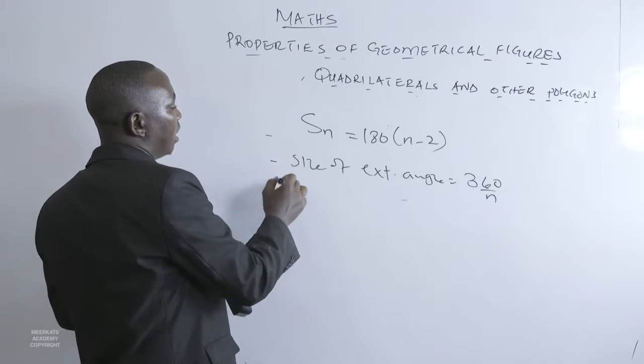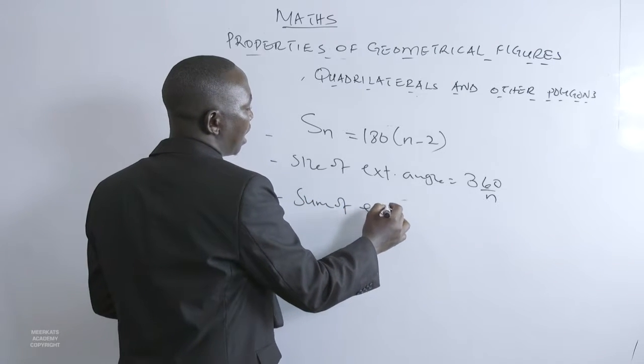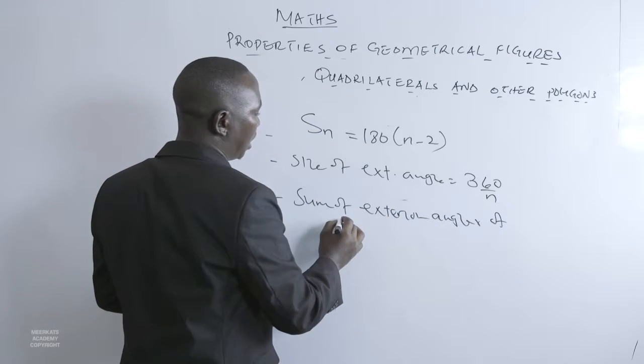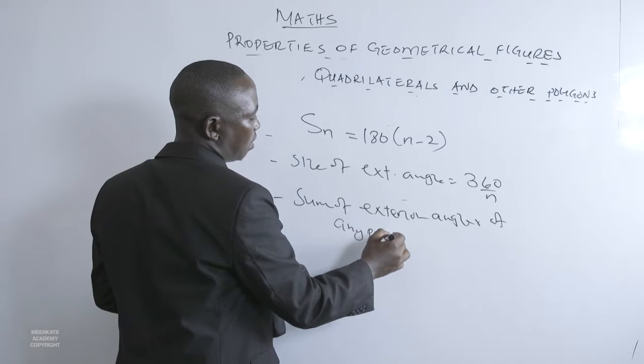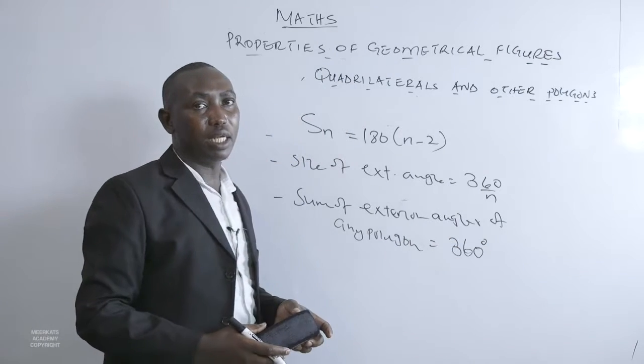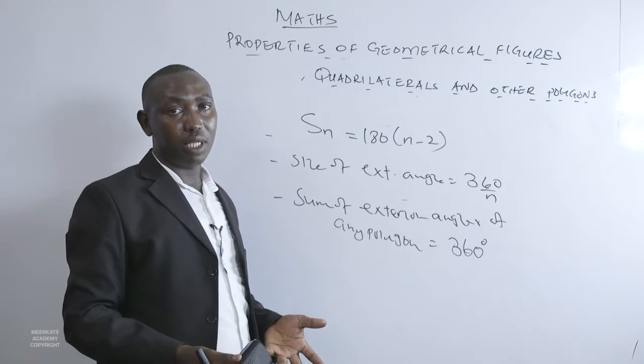And then 3 is that the sum of exterior angles of any polygon is equal to 360 degrees. Then the last issue was on parallelograms.